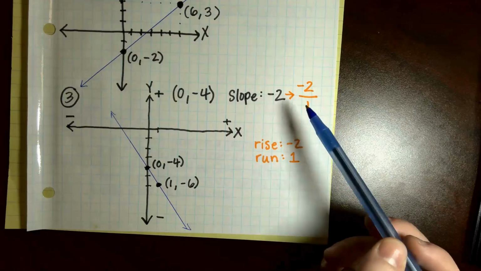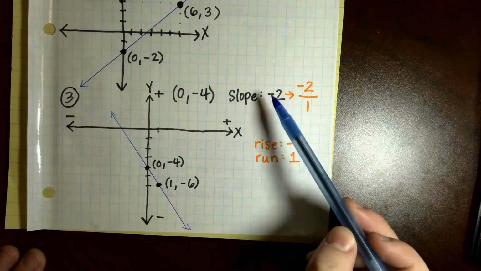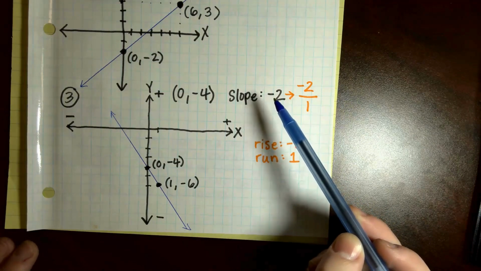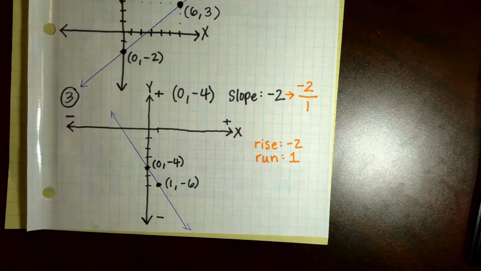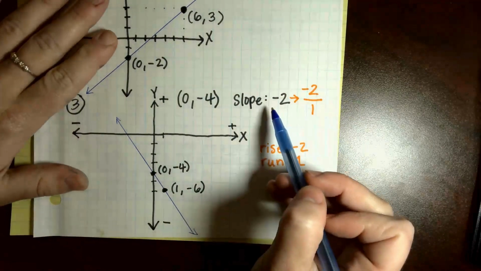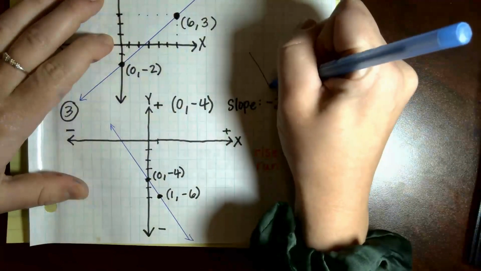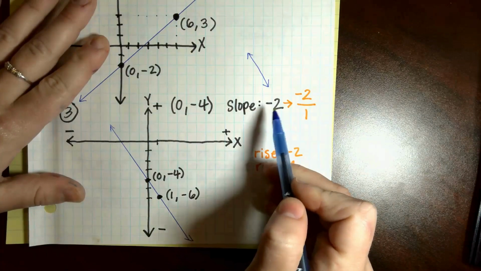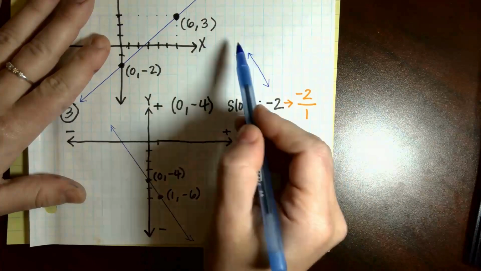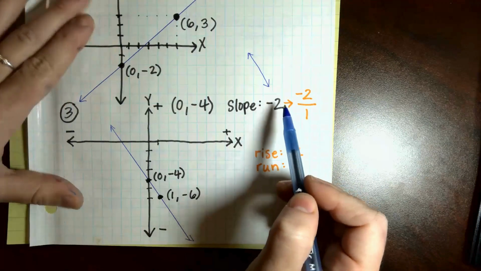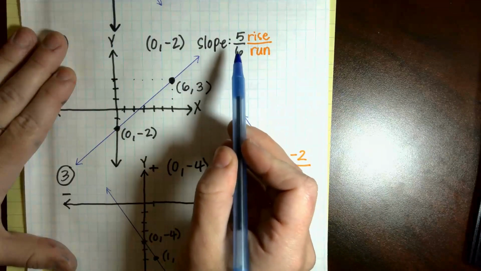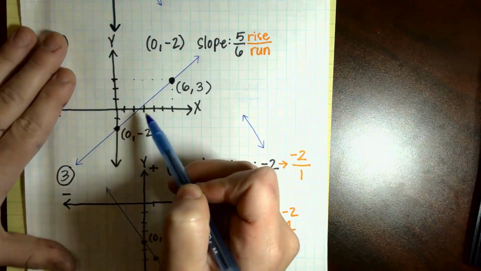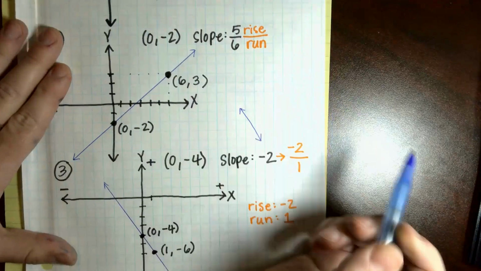So first of all, if we ever have a negative number as a slope, we can remember that a negative slope means our line is going to point downward. We always know that a negative slope is going to have a downward pointing line. If we had a positive slope like this one, we know that we're going to have an upward pointing line.